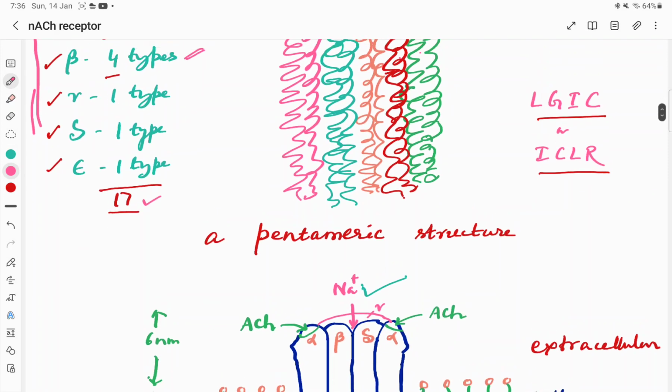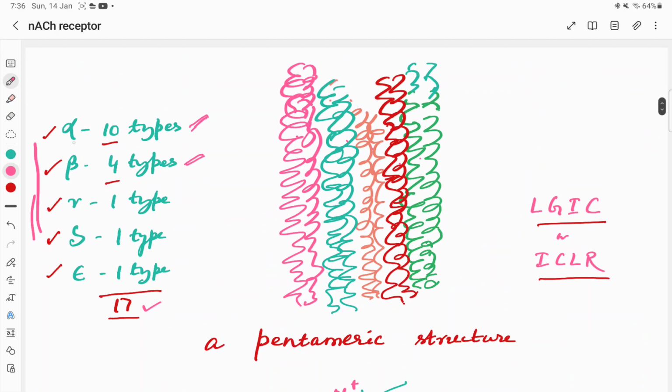So the different combinations can be, suppose alpha 10 types means alpha 1, alpha 2, alpha 3 up to alpha 10, beta 1, beta 2, beta 3, beta 4, and gamma, delta, epsilon only 1 type. Suppose all the 5 subunits are alpha 7, this is 1 type of receptor.